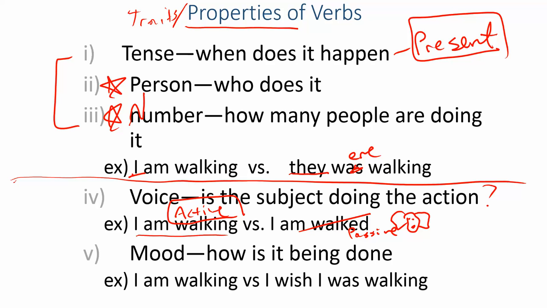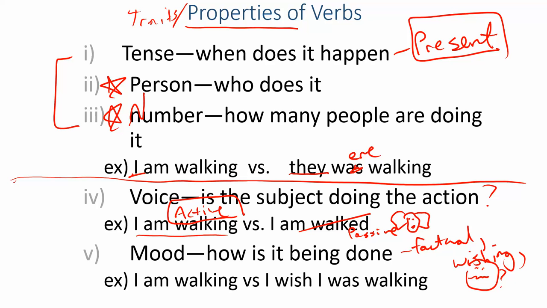Mood. Mood is how it's being done. This is the difference between something being more factual, as in the speaker believes it happens or is happening or did happen, versus the speaker wishing it would happen, versus the speaker isn't really sure. They're kind of fuzzy. They don't know. Is it going to happen?